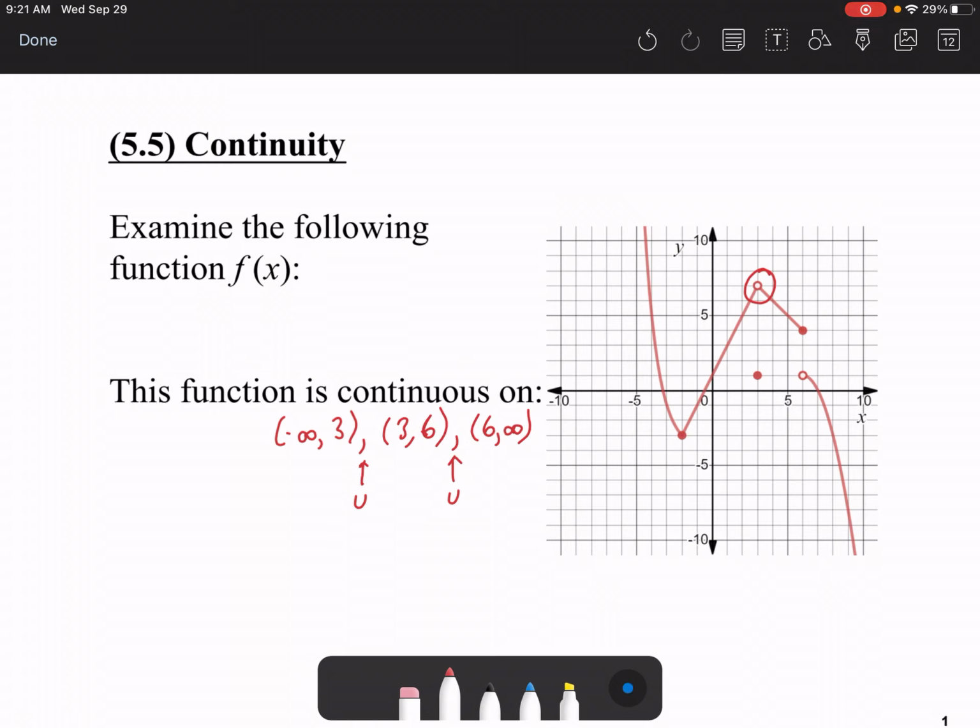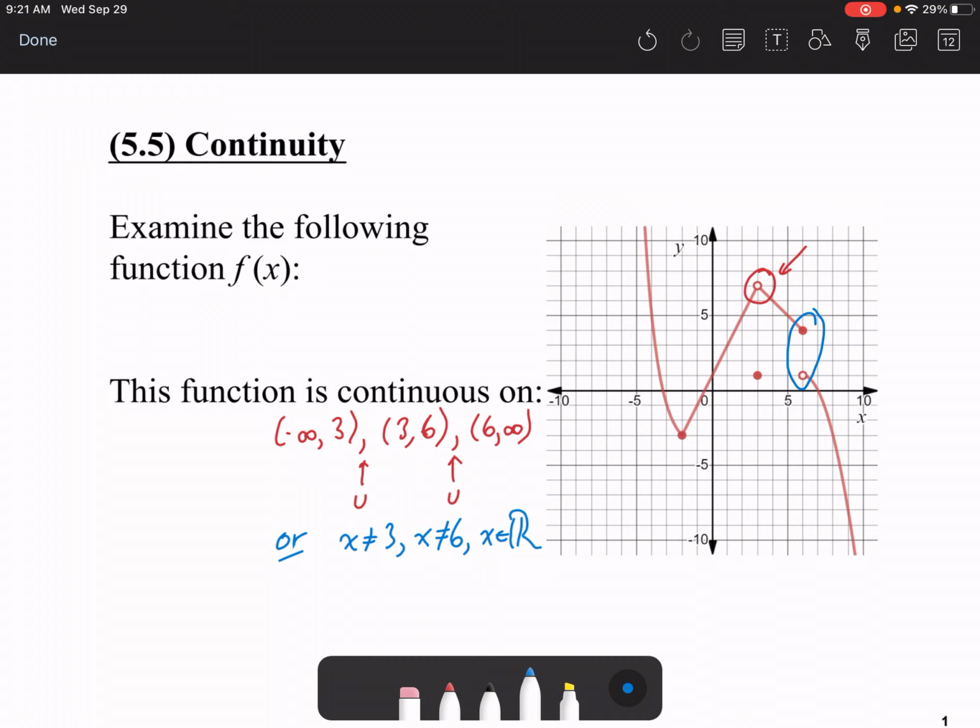Now there is another option, and I prefer this one more. You could just say x can't equal 3, x can't equal 6, and x belongs to all the real numbers otherwise. I find that a little bit easier to work with. As you can see, this function shows that your limits are not the same as you approach from the left and the right for this part right here, and also this part right here.